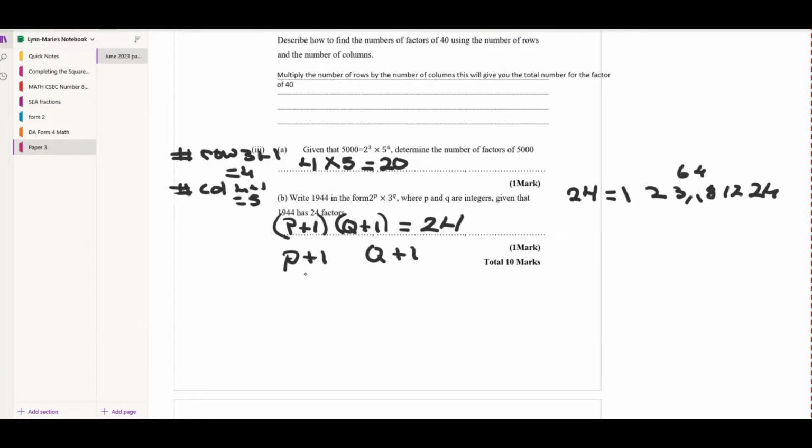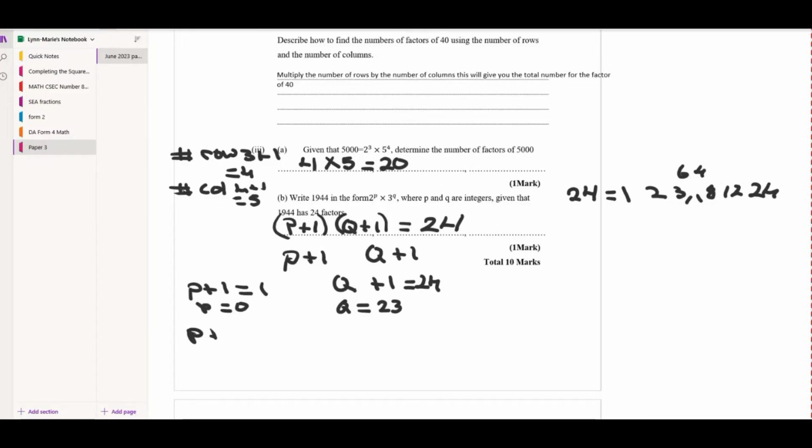So p plus 1 is equal to 1, and q plus 1 is equal to 24. Then p is equal to 0, and q is equal to 23. If you put that in, you are not getting 24.